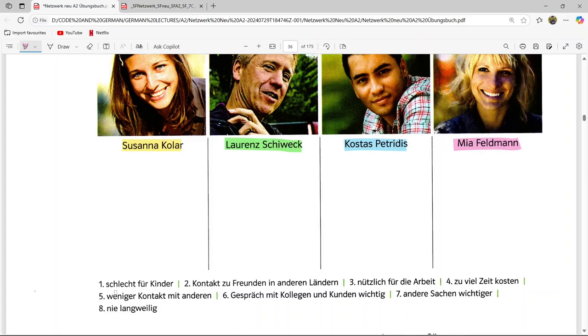So the options are here. Someone might say that staying always online is bad for kids. Someone might say positive things, that we can make contact with friends in other countries. Someone might say that it is useful for work. Some might say that it takes much time.